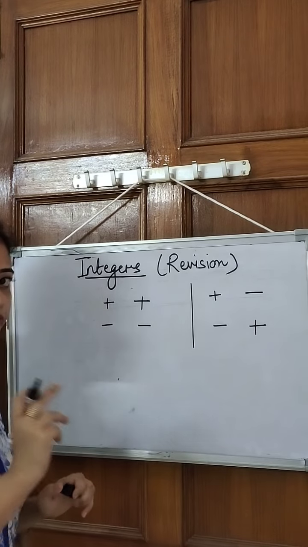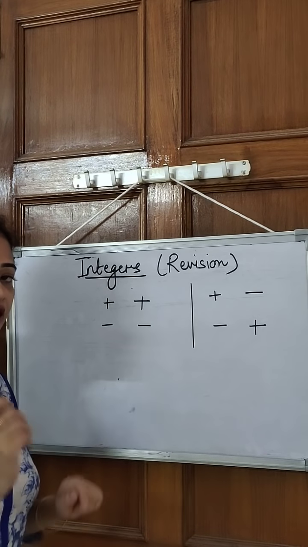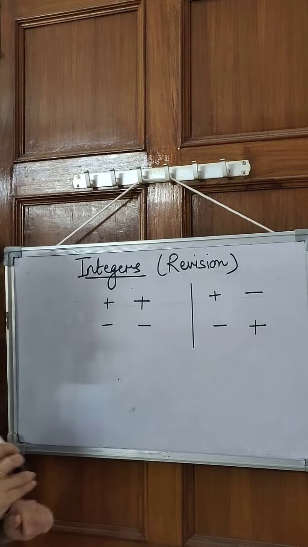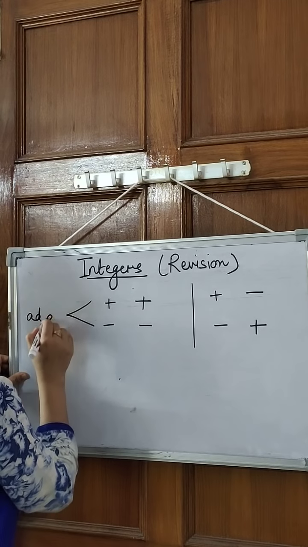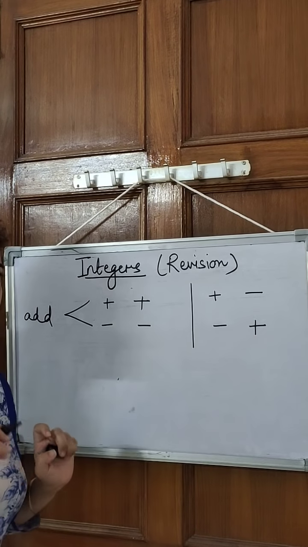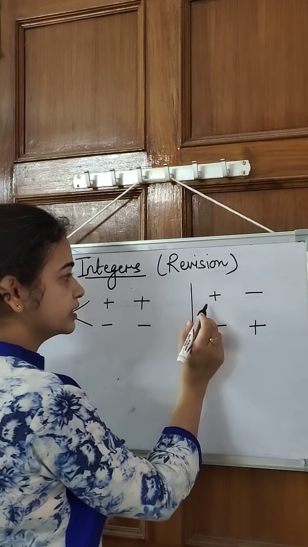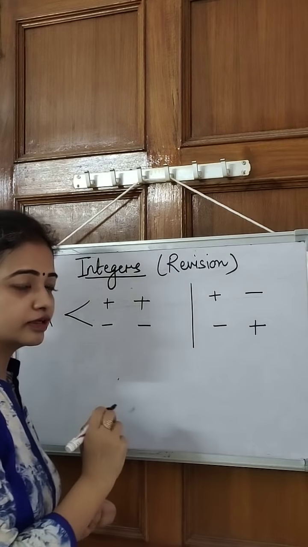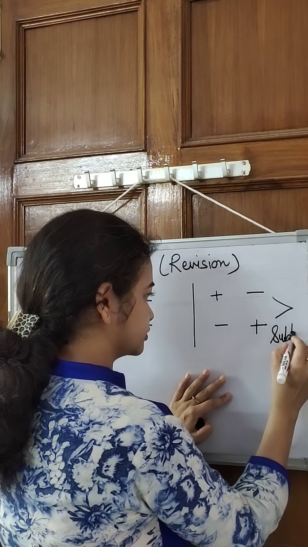Then what do we do? When both the integers are positive, or both are negative, in that case we add those two integers. And when one is positive and the other is negative, or one is negative and the other is positive, we subtract those two integers.